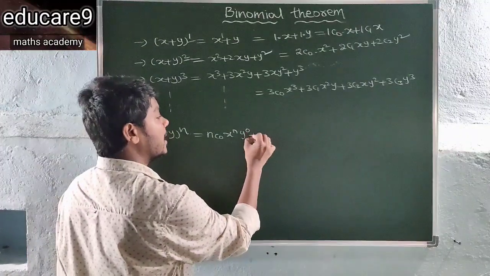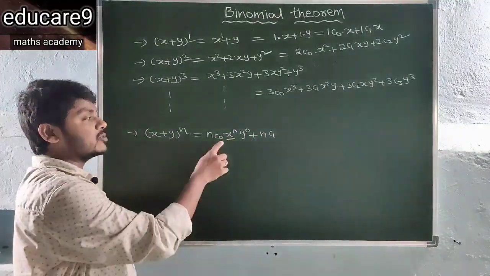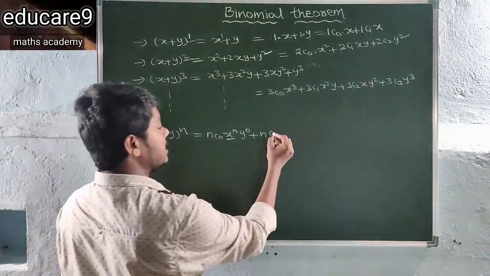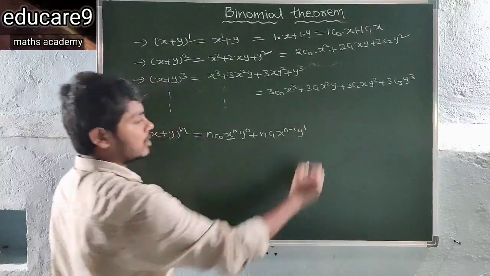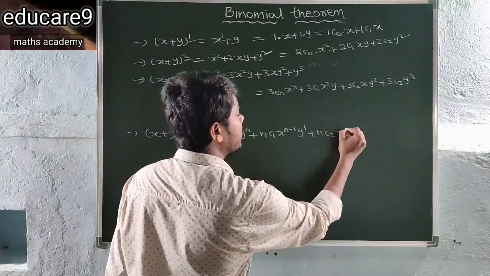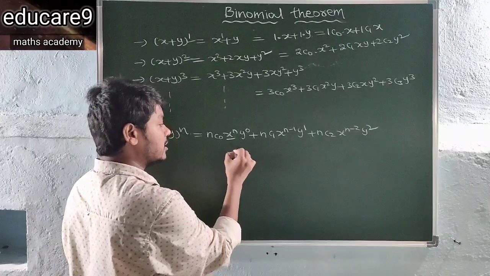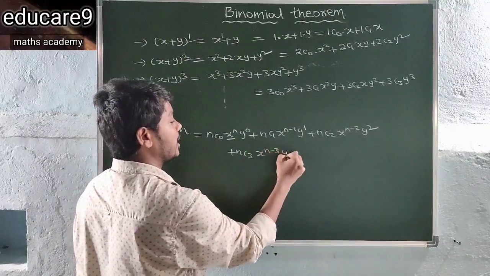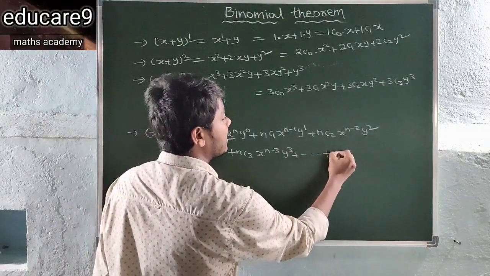Next one plus nC1. So clearly you know that x values are decreasing and y values are increasing. That is nC1 x to the power of n minus 1, y to the power of 1. Next term plus nC2 x to the power of n minus 2, y to the power of 2. Next term nC3 x to the power of n minus 3, y to the power of 3, and so on.